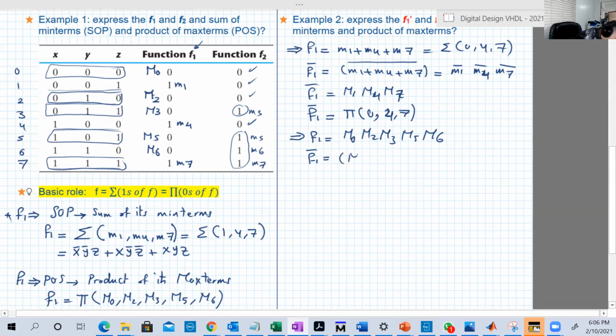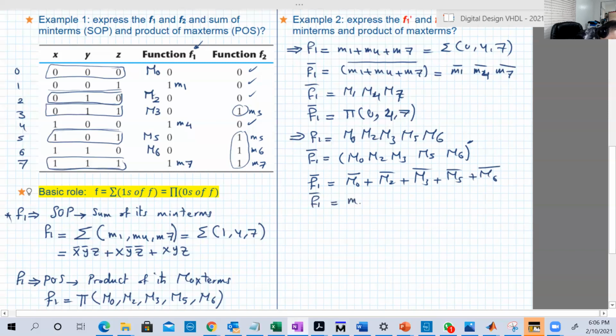So just take the prime of this. That's better than making a very long bar. So f1 prime equals M0 prime plus M2 prime plus M3 prime plus M5 prime plus M6 prime, or bar. So f1 prime is equal to m small 0 plus m small 2 plus m small 3 plus m small 5 plus m small 6.